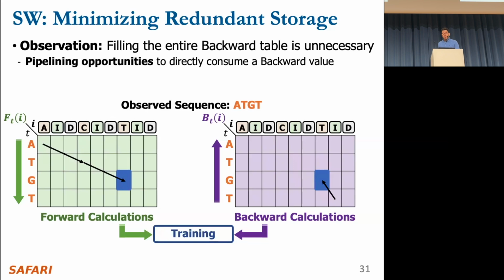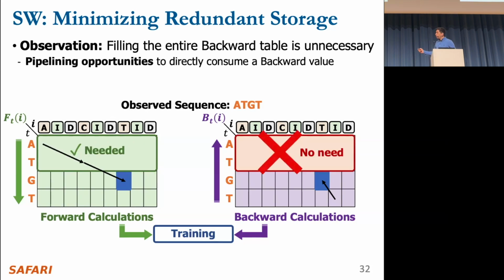So there is that dependency pattern. But in this case, to use this particular cell in backward calculation, you only need this cell from the backwards direction, let's say. So then what we observe is essentially this part in the DP table is needed, although we don't really need to calculate this part in the DP table for backward calculation.